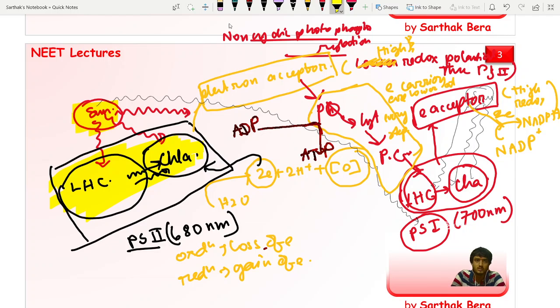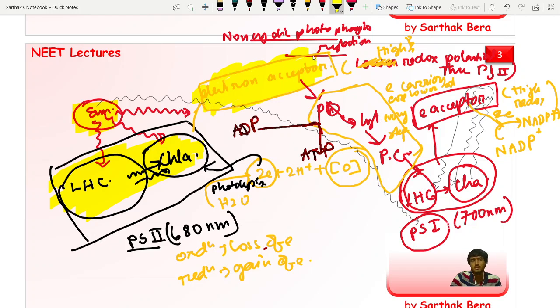This is called photolysis of water. H2O on photolysing gives 2 electrons, 2H plus and 1 oxygen atom, and this chlorophyll A passes electron to the electron acceptor.